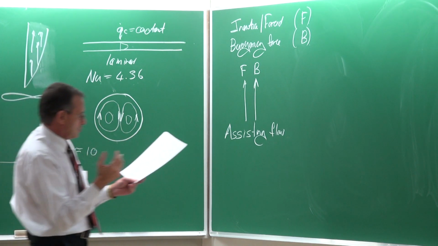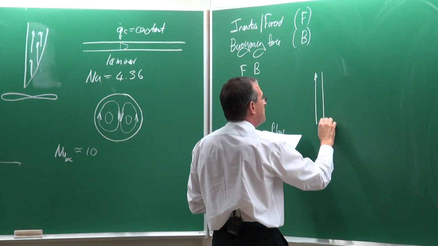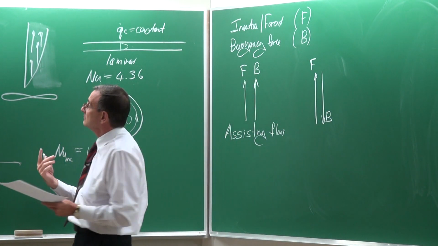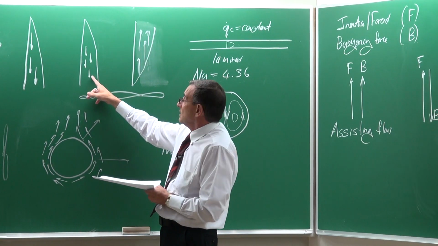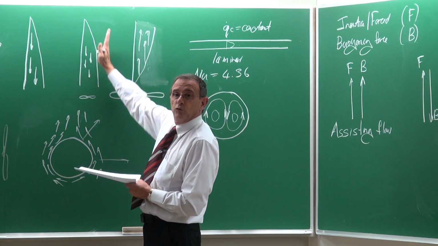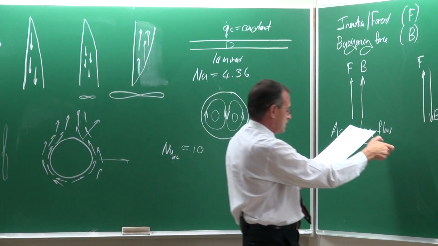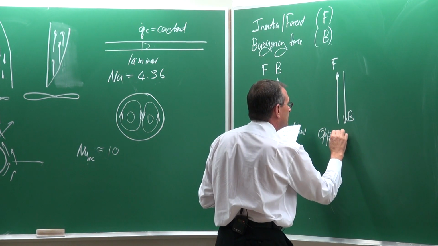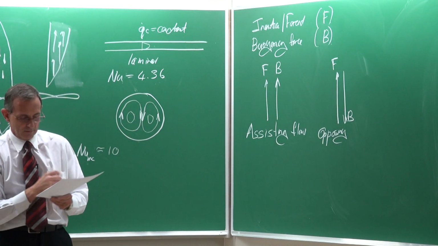Then the other possible configuration is that the inertial force and the buoyancy force are in opposite directions. What is an example of this one? Here it is. Do you see? The buoyancy goes up and the forced convection goes down, the inertial force. So this is called opposing flow. Again, very easy to see why it is called opposing flow.